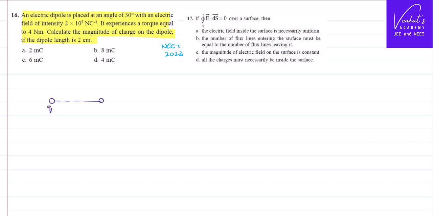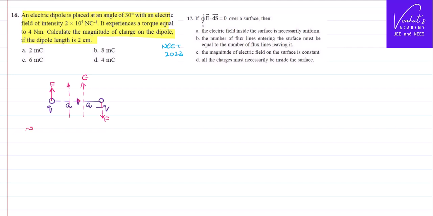Dipole means one is plus q, another is minus q, separated by a certain distance, which we call 2a. If an electric field acts in a particular direction, the positive charge experiences a force along the direction of the field. The negative charge experiences a force against the direction of the field. As there are two identical forces of opposite direction acting about this point, it experiences a torque.